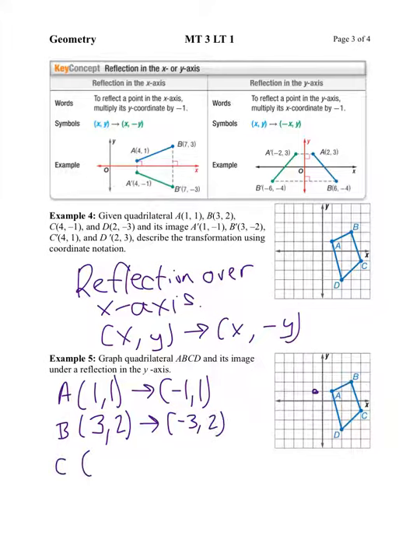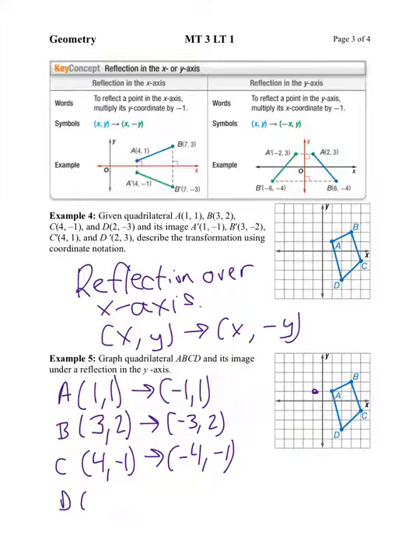If I look at the coordinate of C, let's go 1, 2, 3, 4, negative 1. So C right now is at (4, -1). Well, that's going to become (-4, -1). And finally, point D, if I look at it, it's over 1, 2, and down 1, 2, 3.